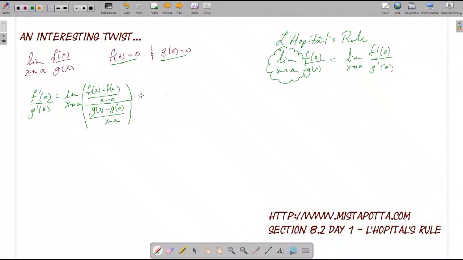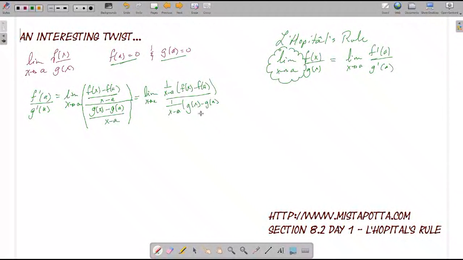First, I do notice that I end up with the limit as x approaches a. In the numerator, I've got a 1 over x minus a term times f of x minus f of a. And in the denominator, I have that same term, 1 over x minus a, times g of x minus g of a.